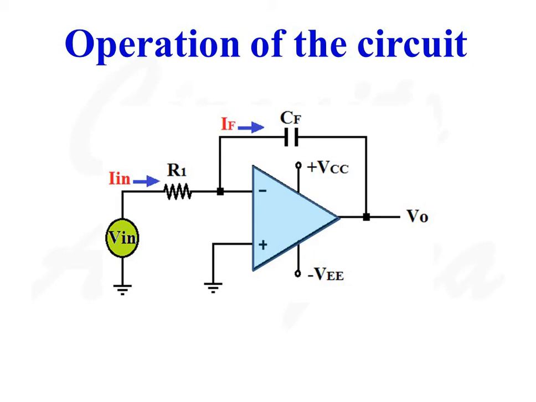So depending upon the polarity of the input voltage, we will get either plus Vsat or minus Vsat at the output. Suppose input Vin is negative, then output is equal to plus Vsat, and if input Vin is positive, then output V0 is equal to minus Vsat.